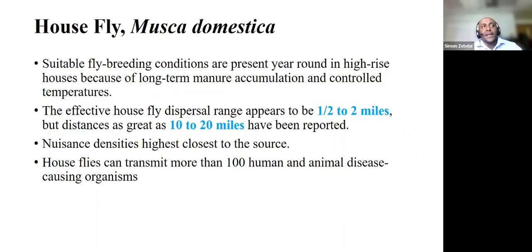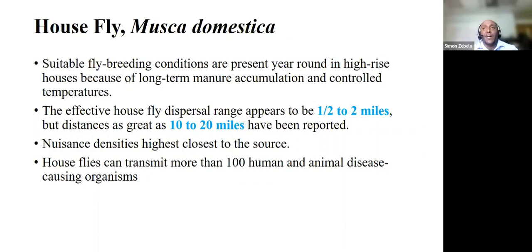Houseflies, Musca domestica, is the scientific name. Suitable fly breeding conditions are present year-round in high-rise houses because of long-term manure accumulation and controlled temperature.